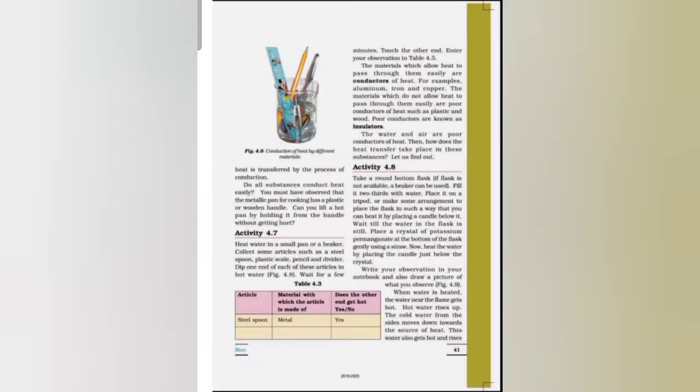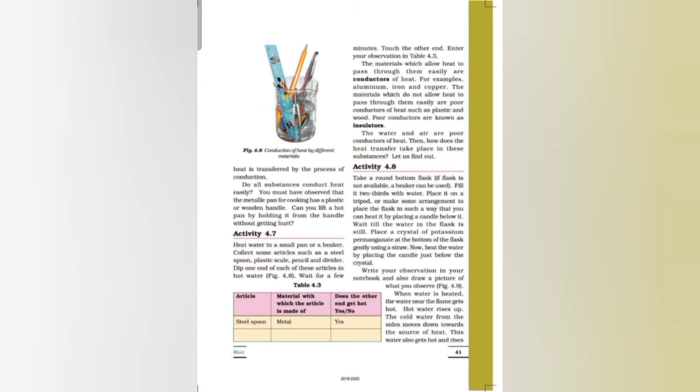So we can say the conditions required for the conduction of heat are: heat can be conducted from one body to another body when they are in contact with each other and at different temperature, because we know that through the conduction process the transfer of heat is done from the hotter body, or we can say hotter end, to the colder end. So the conditions required for the conduction of heat are that they are in contact with each other and at different temperature.